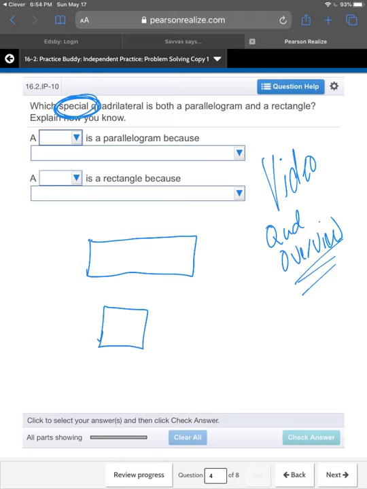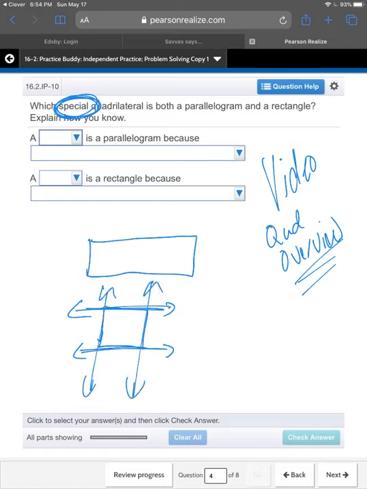Well, a rectangle is not special. A square is special because a square is a parallelogram: my top and my bottom are parallel, and my left and my right sides are parallel.